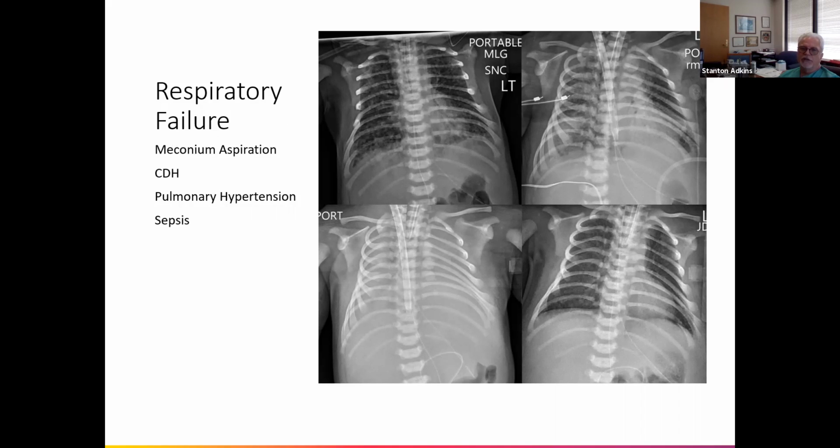You can see that this is a child whose lungs are not good. You can't tell what the ventilator pressures are. You can't tell what the FiO2 is, but things are worsening. And so we chose in this case to put the child on veno-venous ECMO. In order to do veno-venous, you have to have a normally functioning heart, and this child did.